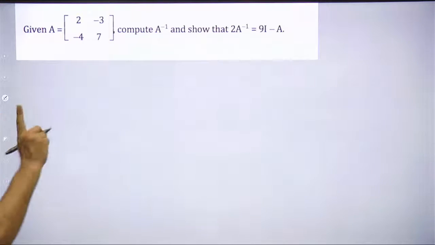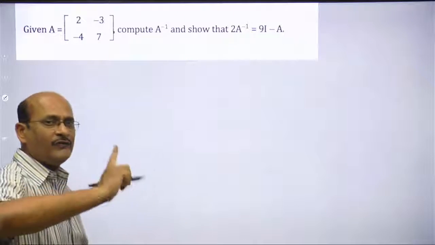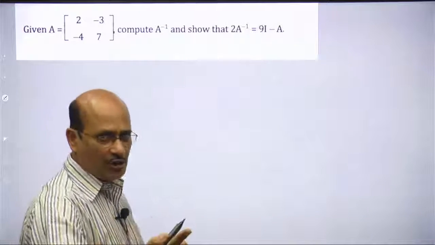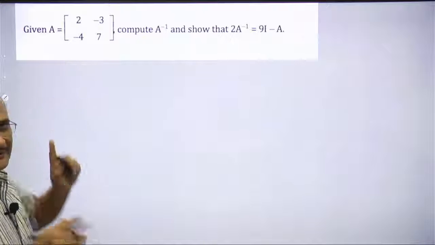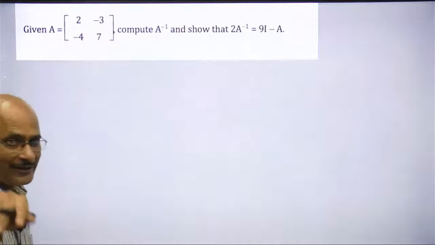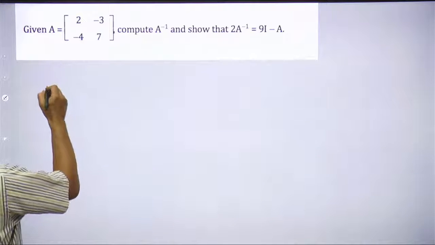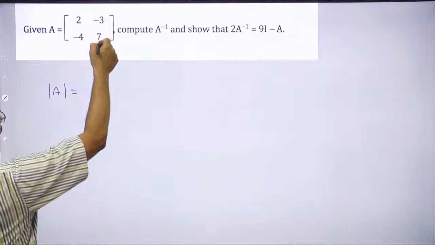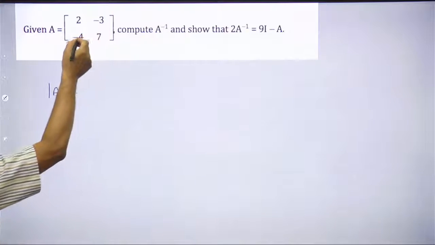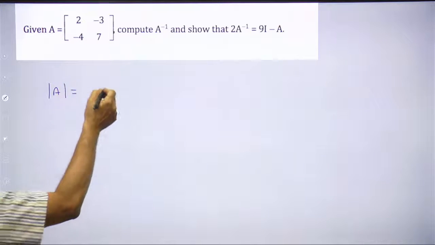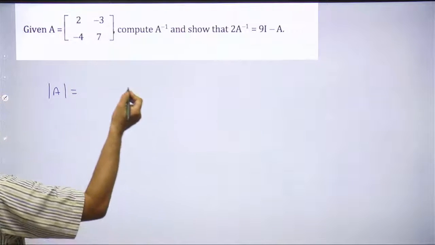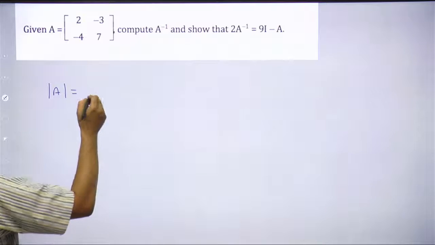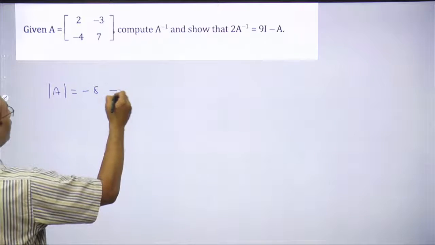Now let me tell you, in the previous sum we did A inverse is equal to 1 upon determinant A into adjoint A. For a 2 by 2 matrix it's not required, but anyway you need to find the determinant of A. So determinant A will be 14 minus 12, which is 2, not equal to 0.